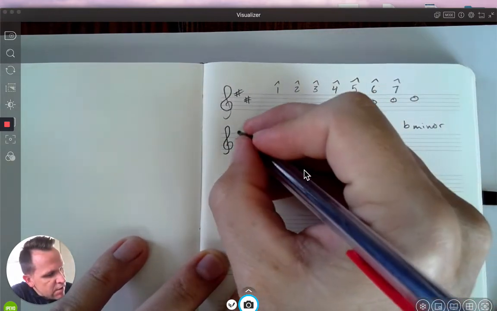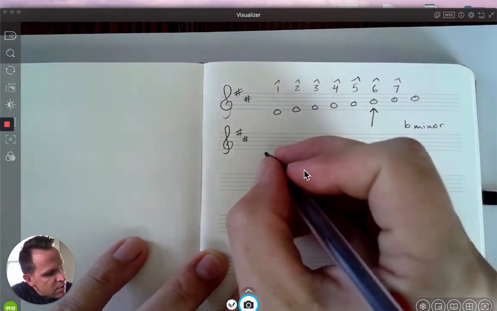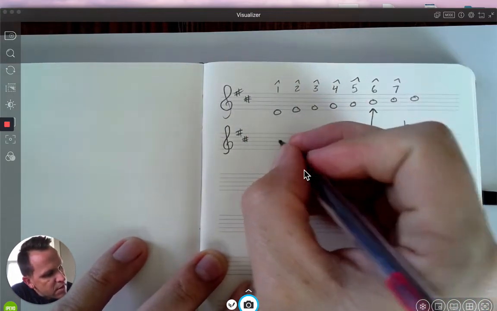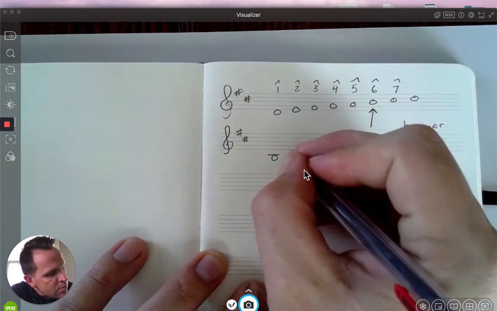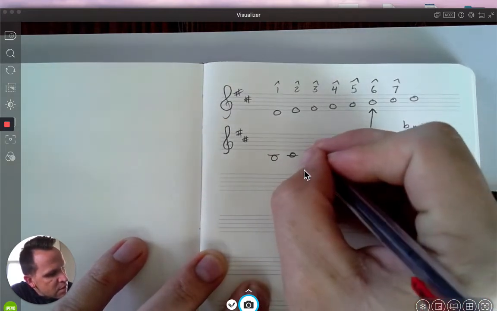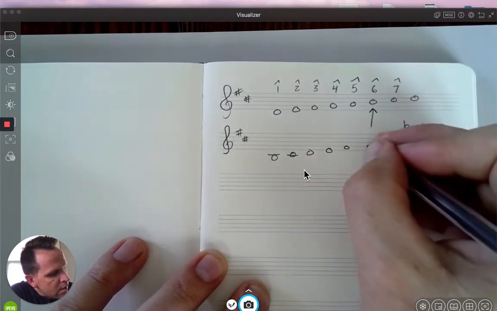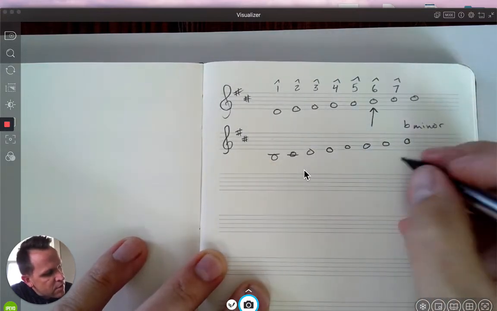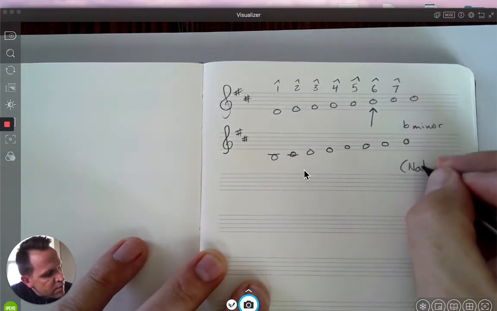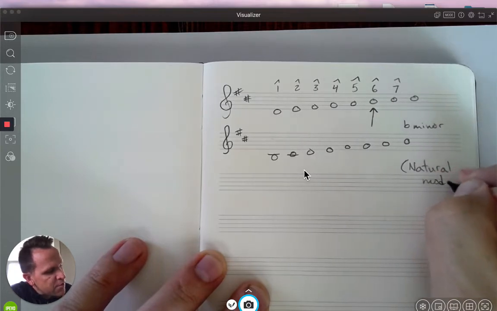So here we have 2 sharps, and B, we could either write it right here, or we could write it down low. I'm going to write it down low. So we have B, C sharp, D, E, F sharp, G, A, B. And again, key signatures give you the natural minor mode.